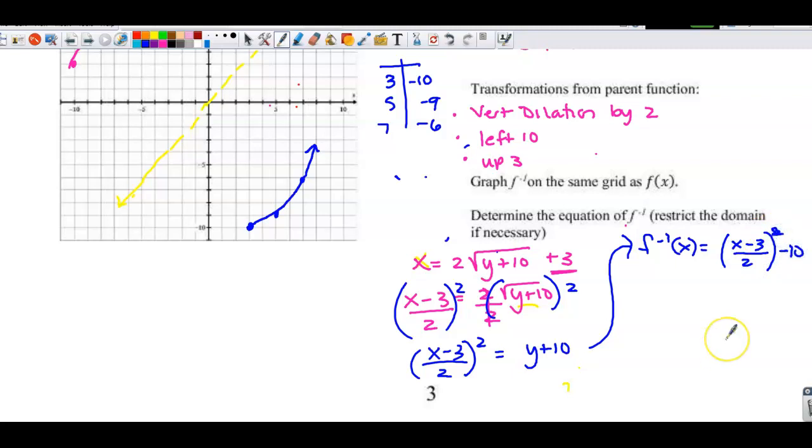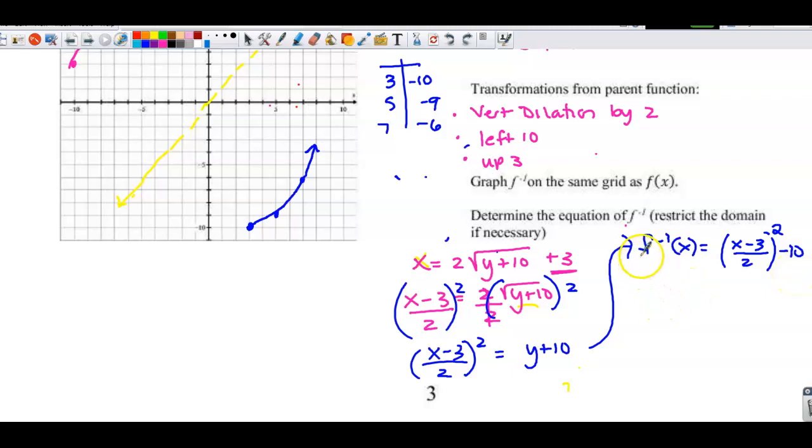All right, once again, just like in the other one, this is a parabola. Because this is a parabola right here, let me erase that too and make it prettier for you, that means it's a full-on parabola. But that's not what I have here in blue. I actually have a horizontally dilated half of a parabola. So now let's go ahead and rewrite this then. This is not the correct equation.